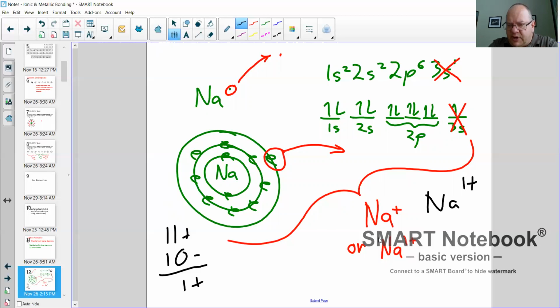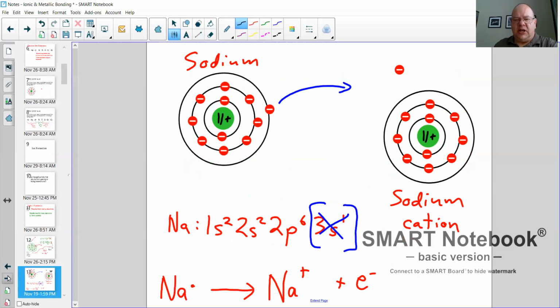You can politely correct me on it. But the ways of doing it are either to just put the plus or put a magnitude 1 with the plus.